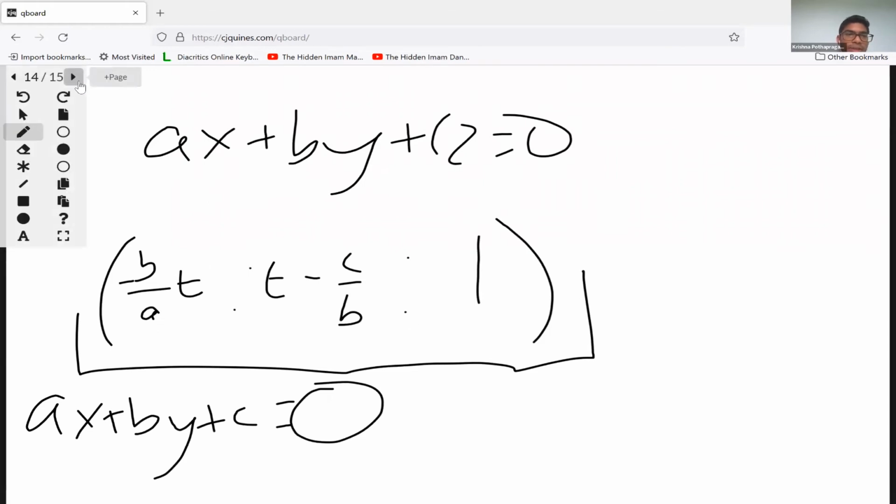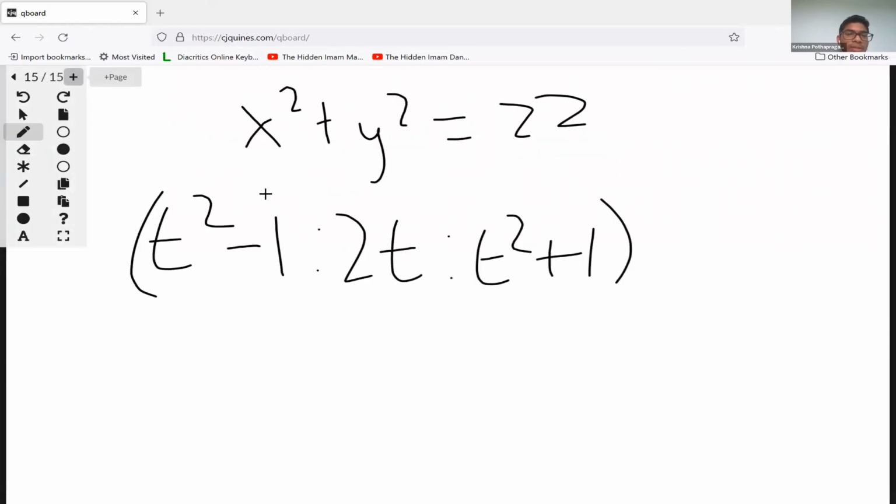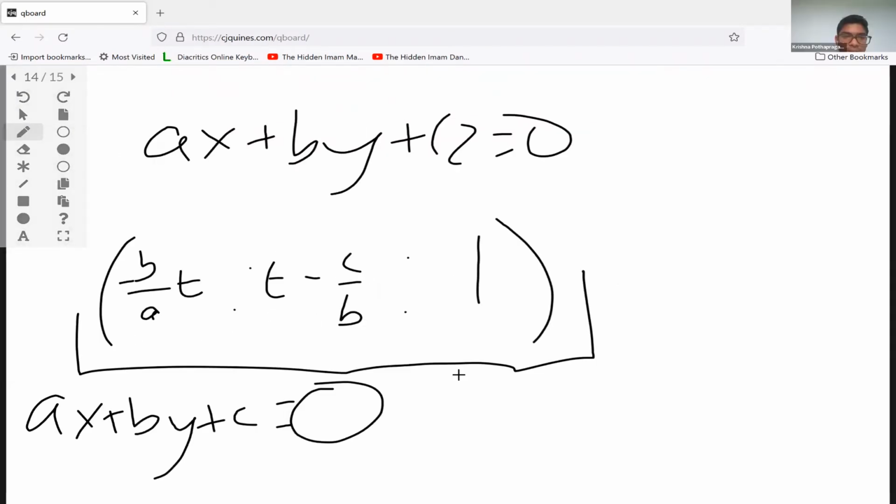Or our parametrization for a line or a conic? Why did it take minus b by a times t and t minus c by b? You're talking about here? Yes. Why it took it like that?